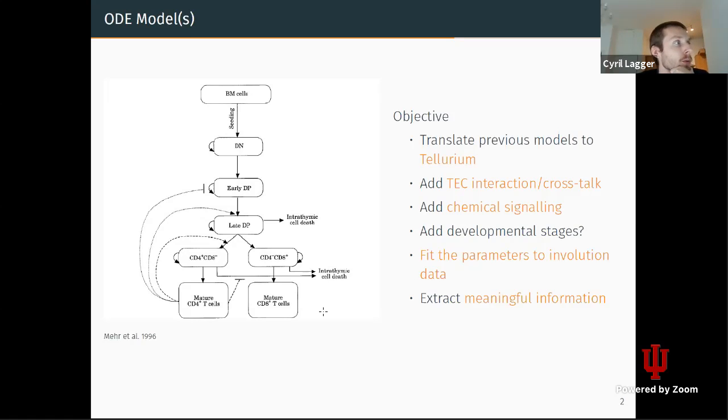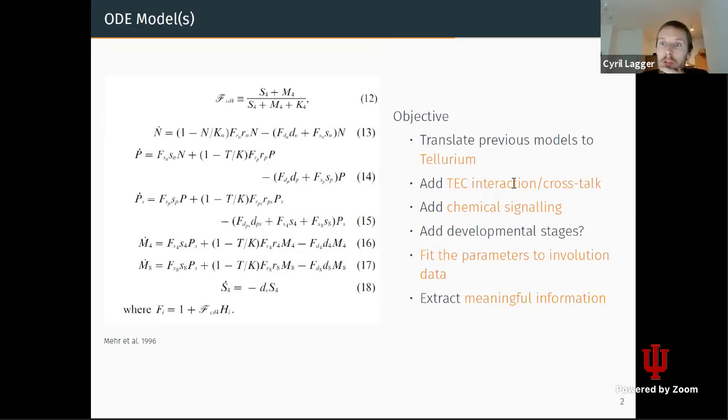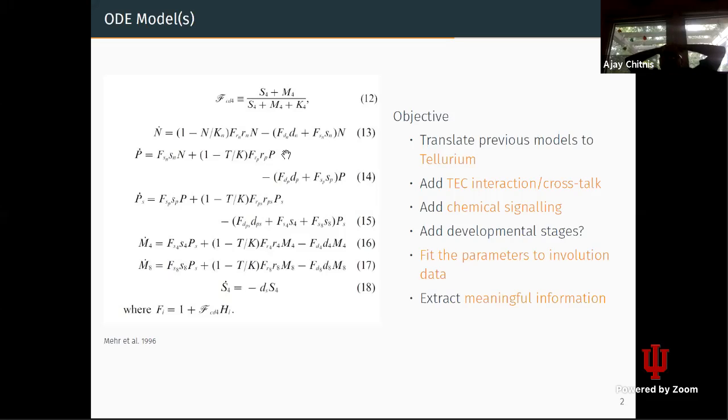Now the idea would be to increase the complexity, adding things that people have discovered in the meantime, like interaction between the thymocytes and the epithelium, the TEC cells, and chemical signaling. This was a simple model where people were interested in the first seeding wave of the thymus. They have a carrying capacity, which is a fixed parameter, which in our case is something that we want to predict, to have this decline in numbers.